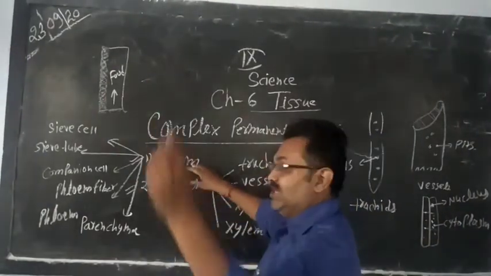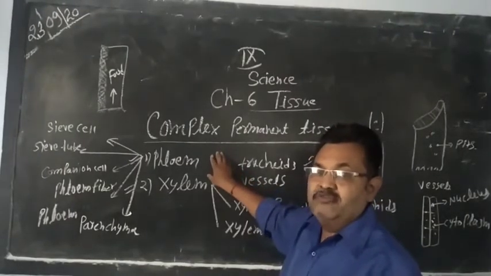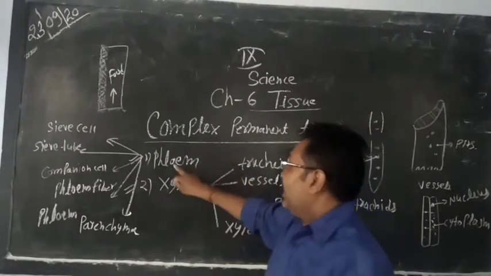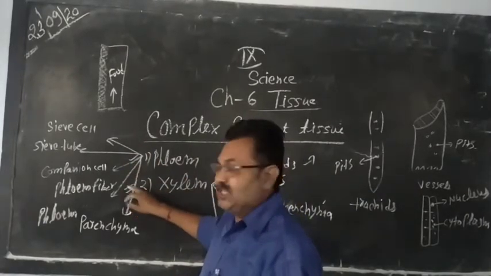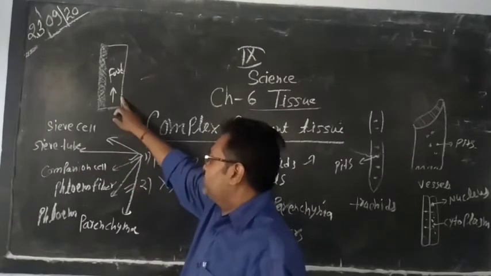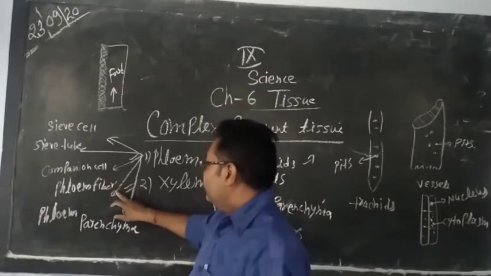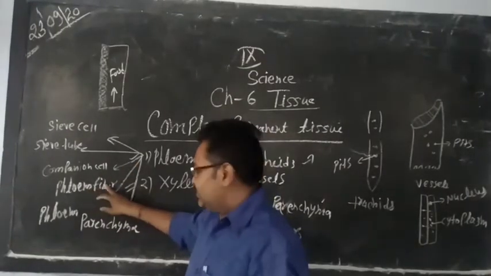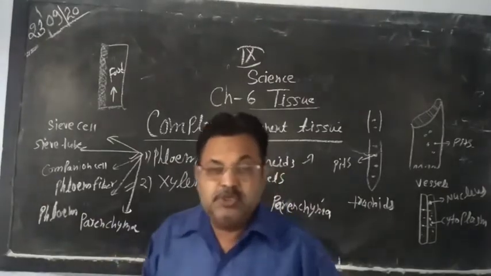So phloem is the conducting tissue, and phloem tissues are made up of 5 types of cells: sieve cells, sieve tubes, companion cells, phloem fibers, and phloem parenchyma.